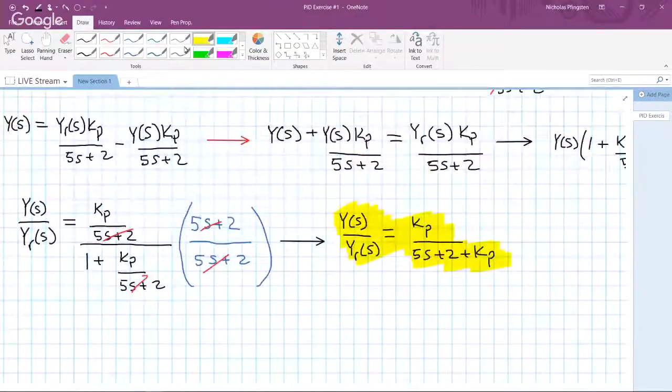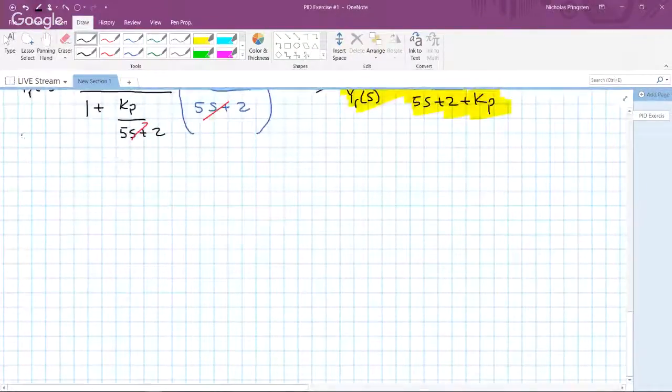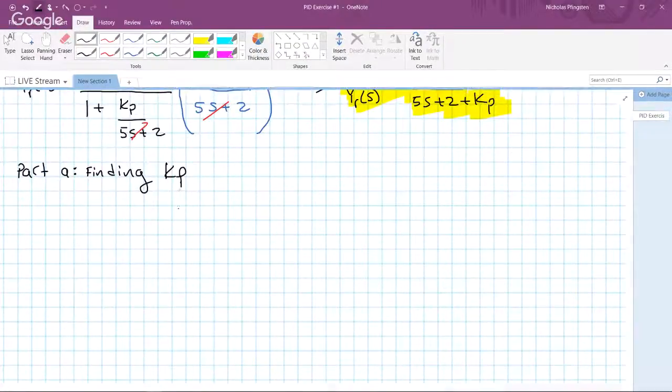Okay. So going down a little further, we can finally start with part A. Part A, finding KP. Now, because it said to find KP when the steady state command error is no greater than, which means less than, just confusing words.